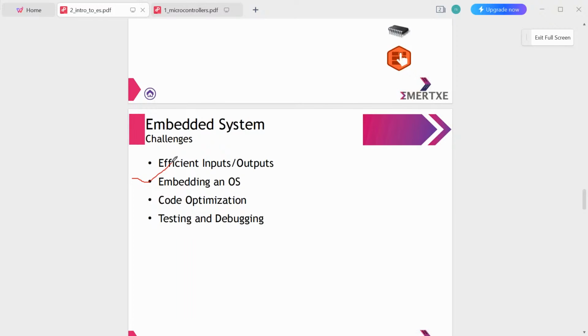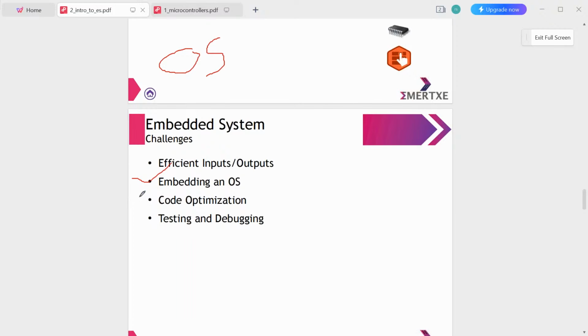No. For that purpose, you need detailed knowledge about the operating system, what it is. Then you are going to decide all the algorithms, meaning whatever subsystems the operating system has, you are going to include in your embedded system. Then what scheduling algorithm you will be using. So this is very in detail, and you need detailed knowledge about the operating system first. That's why this is kept under the challenges.